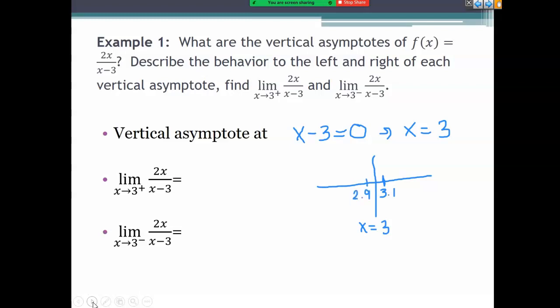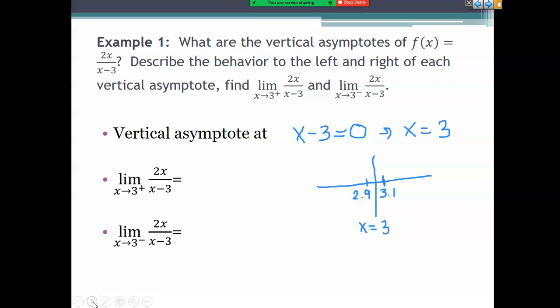So something to the left of 3 is like 3.1. Something to the right is 2.9. We have to be relatively close so that we could see how the behavior is. And again, the only thing we care about is if the behavior is positive or negative.